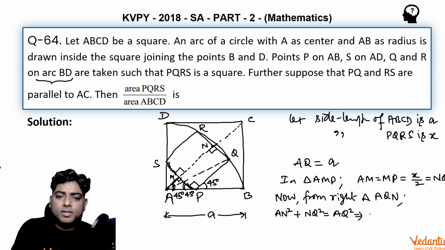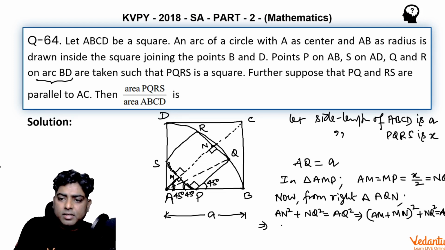This means AN is x by 2 plus x, that is AM plus MN, and NQ is x by 2, is equal to AQ square.